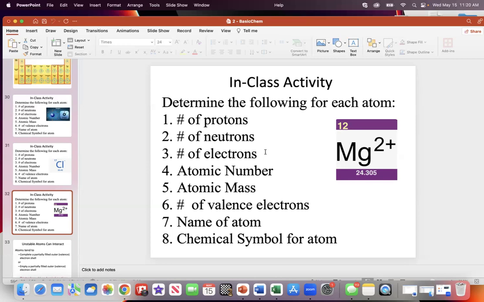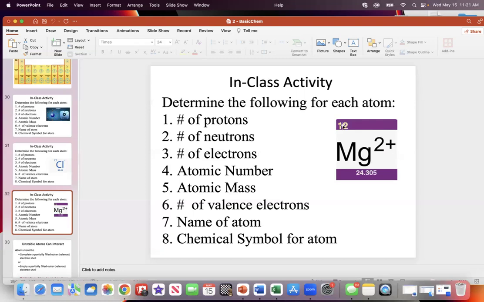And number of electrons: if magnesium is neutral, its number of electrons will be 12. But this time it's +2, so he has 2 more positive than negative. And the proton number is 12, so the electron number must be 10. That's why he's +2. So the number of electrons is 10.